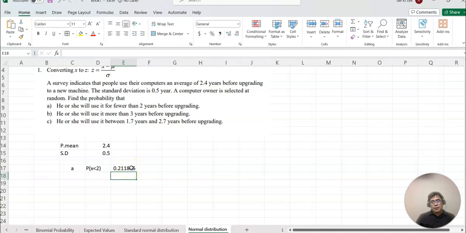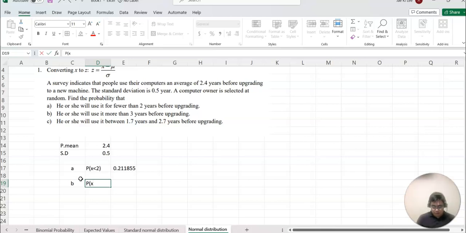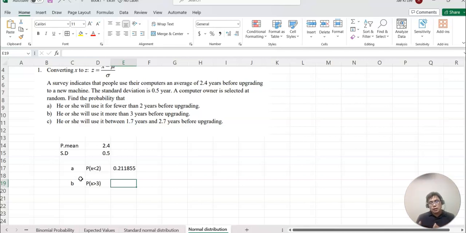The reason I am not subtracting from 1 or finding another value is that I already showed the left side. Now B. B is the probability that x is bigger than 3 years, more than 3 years. So the direction is more. Then we have two different choices here, and I'm going to show both.